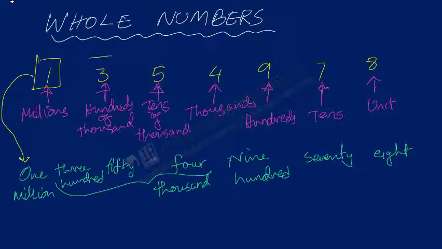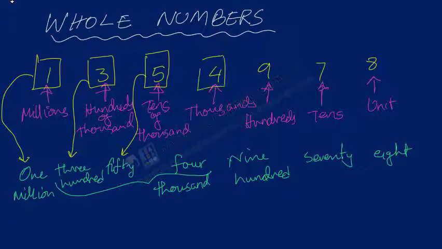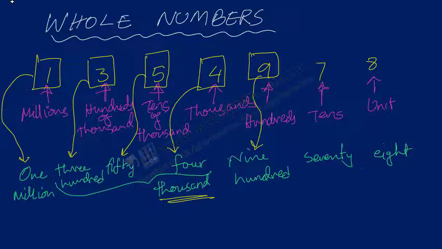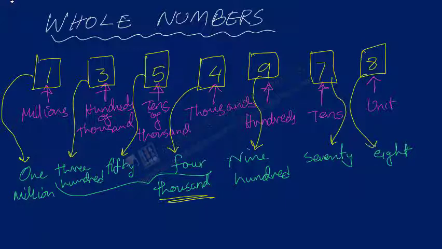We have 350 and 4 thousands, 978. Now that's what we have within this set. We have 1,354,978.